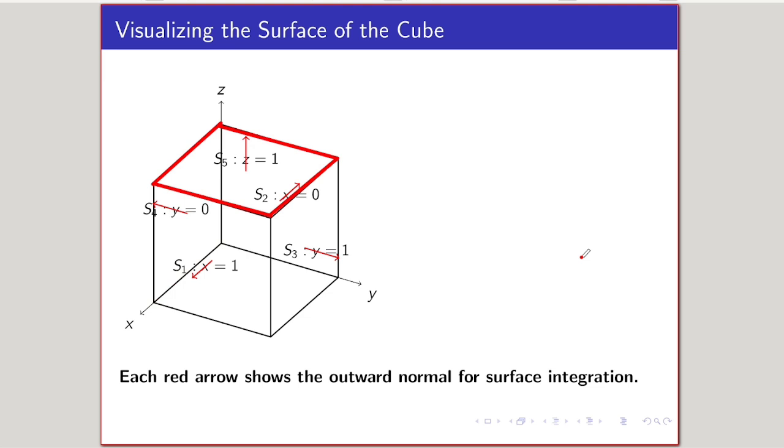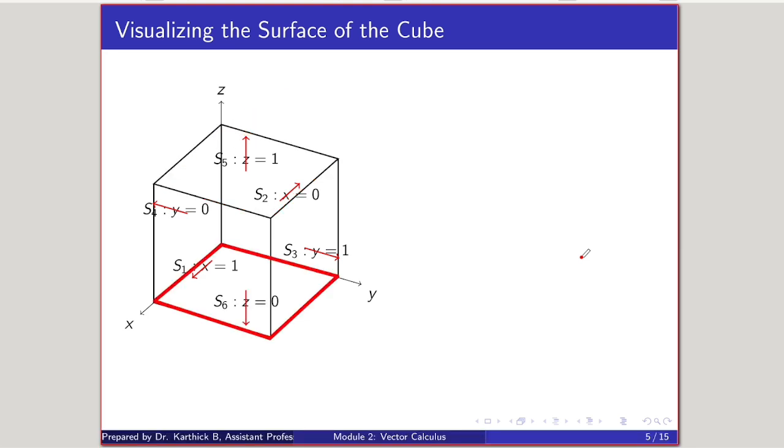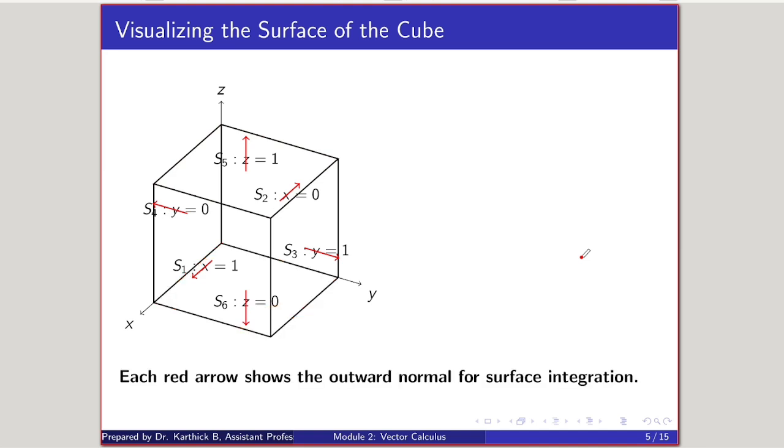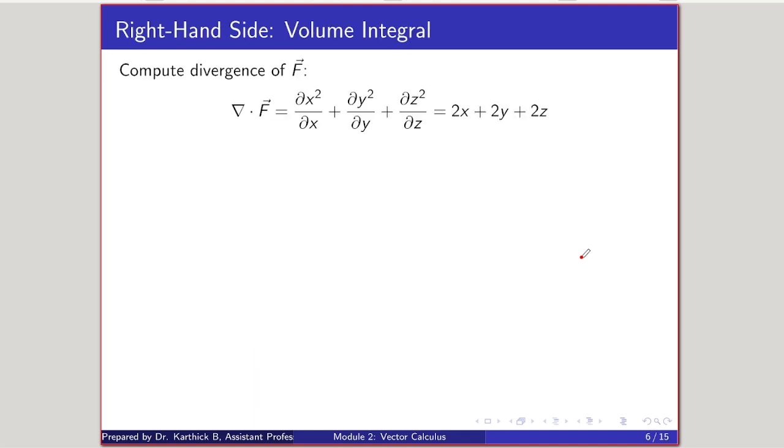And this will be the fifth surface, where z will take the value 1. And this will be the sixth surface, where z will be equal to 0. With this we are going to verify the given Gauss divergence theorem, where a red arrow shows the outward normal on each surface.